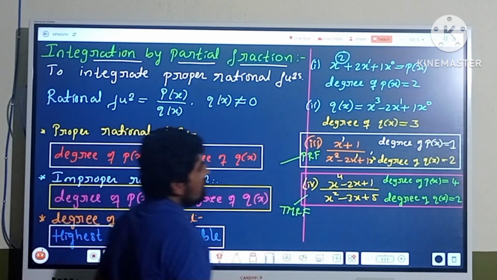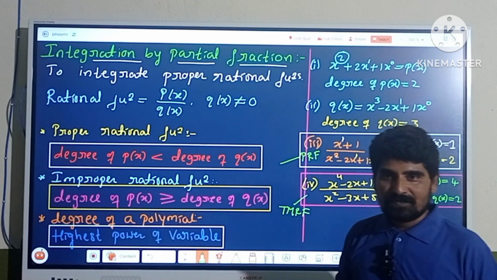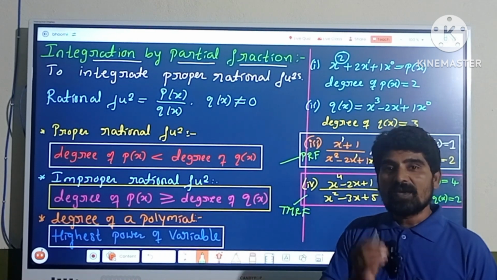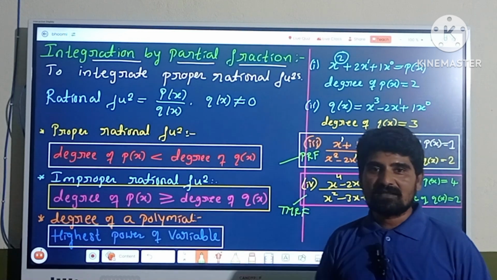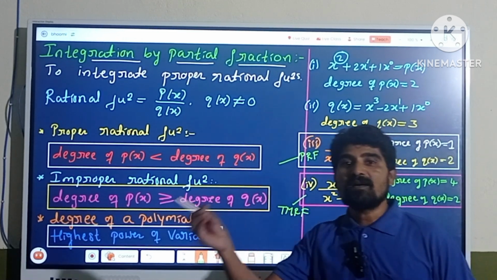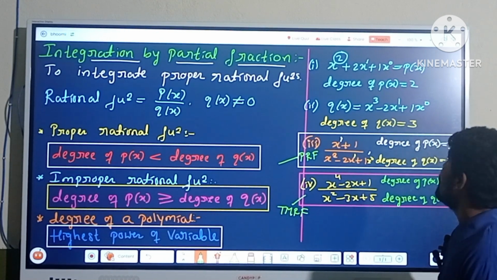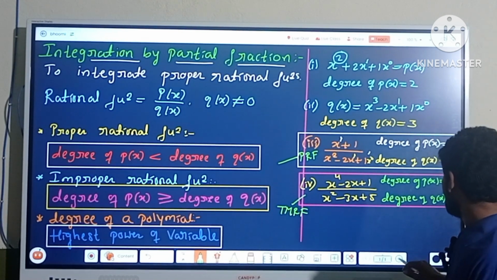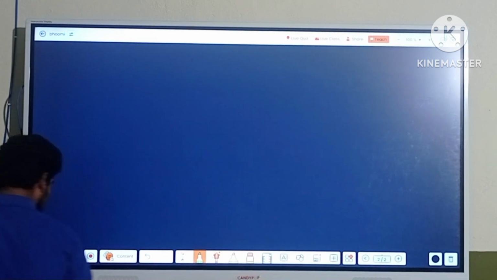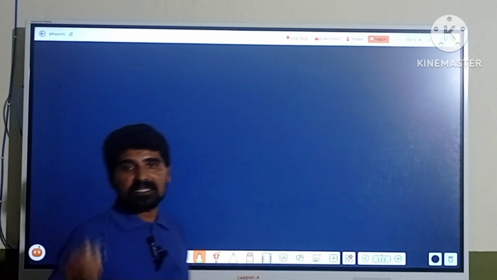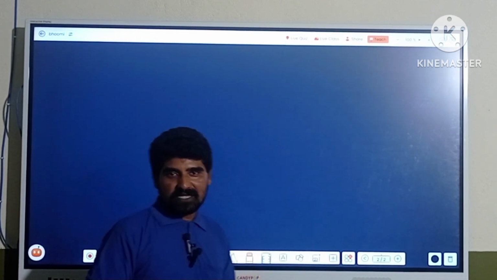Now, if the function is a proper rational function, to integrate it we have some partial fraction formats. If the given rational function is in a partial fraction format, then only can we integrate it by using the partial fraction method.